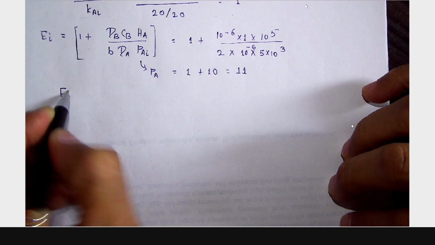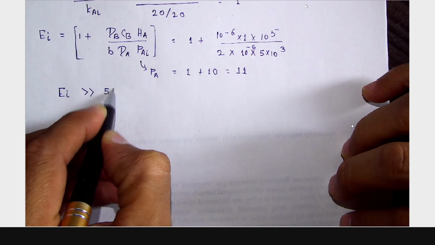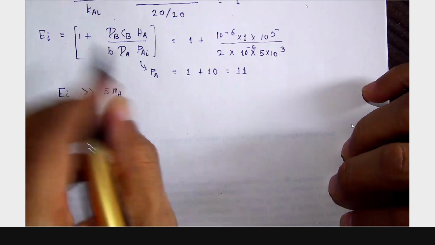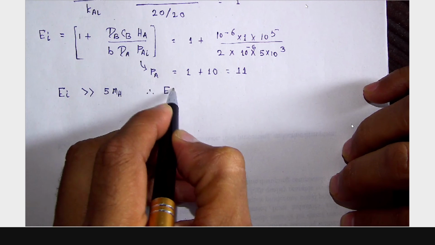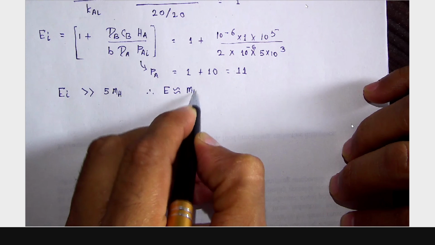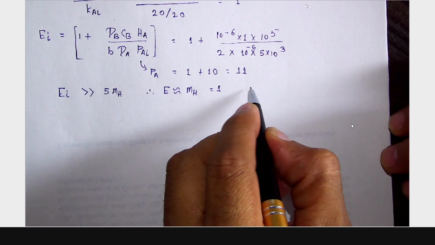So for MH equal to 1, EI is greater than 5 times MH, and MH value is also 1. Therefore E is approximately MH.